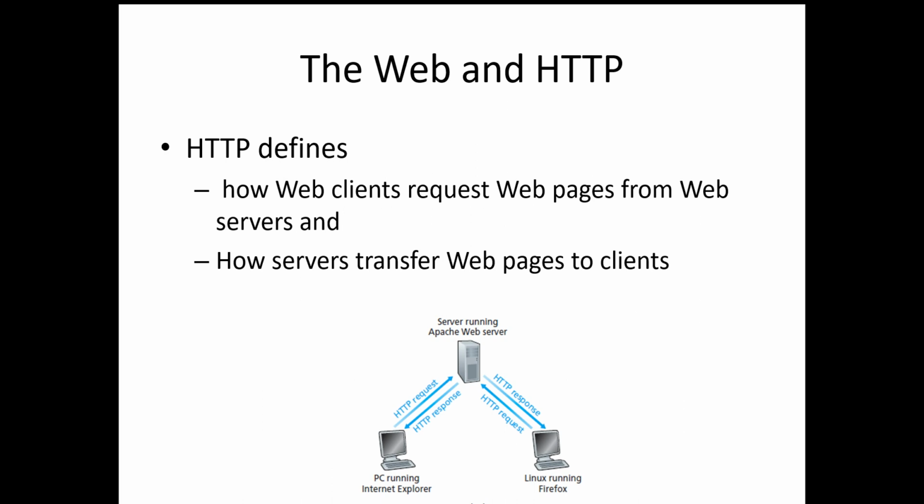The client sends HTTP request messages into its socket interface and receives HTTP response messages from its socket interface. Similarly, the HTTP server receives request messages from its socket interface and sends response messages into its socket interface.